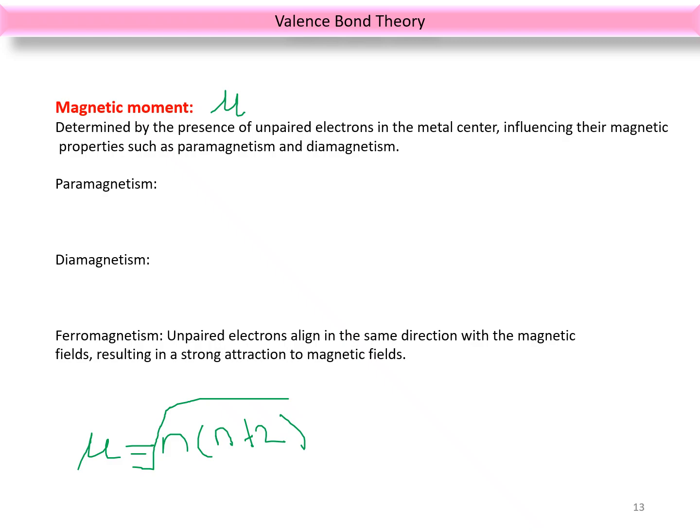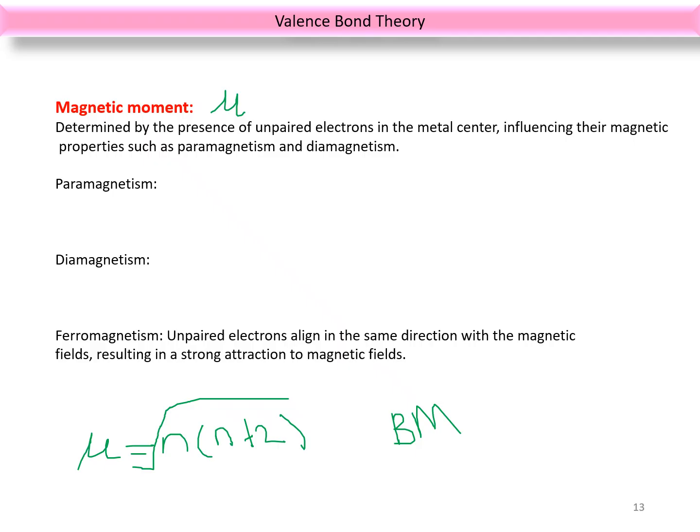That's why for a diamagnetic compound, the magnetic moment will be 0, because there is no unpaired electron, so n is 0. The unit for magnetic moment is BM. What is BM? Bohr magneton.